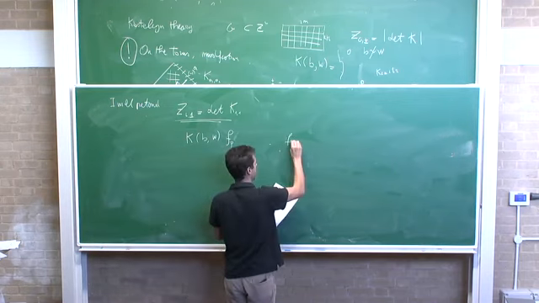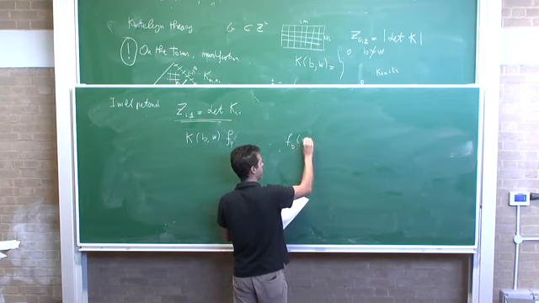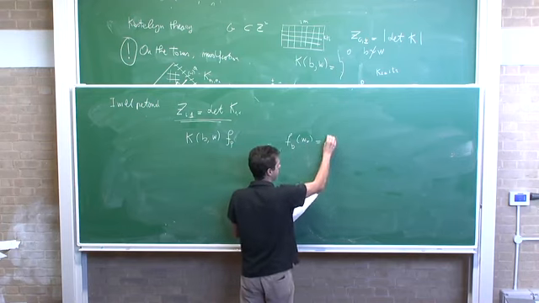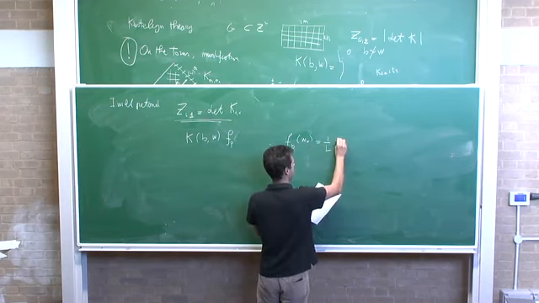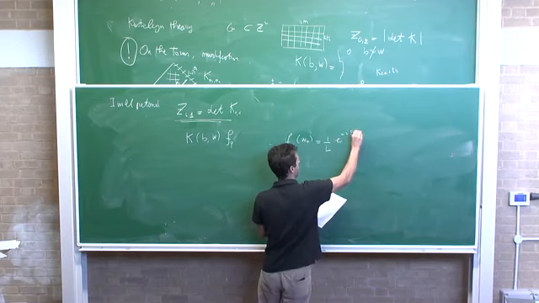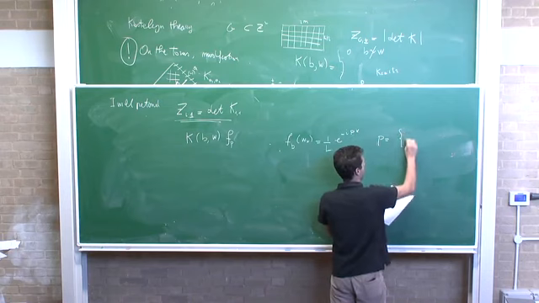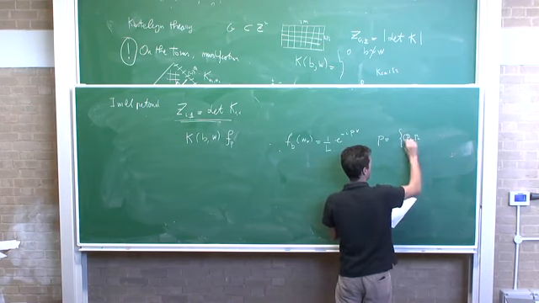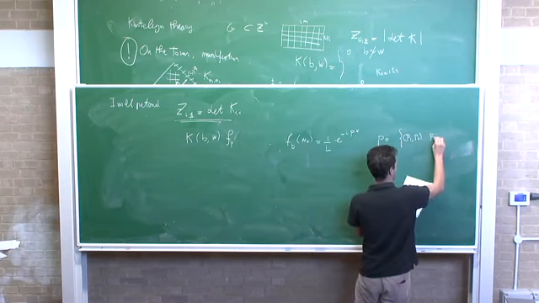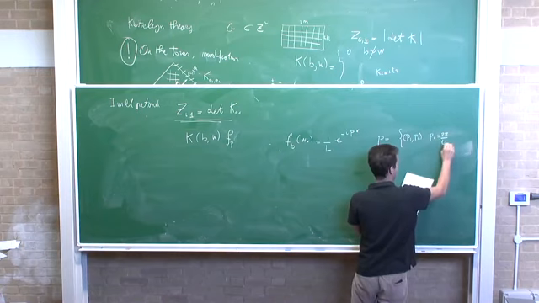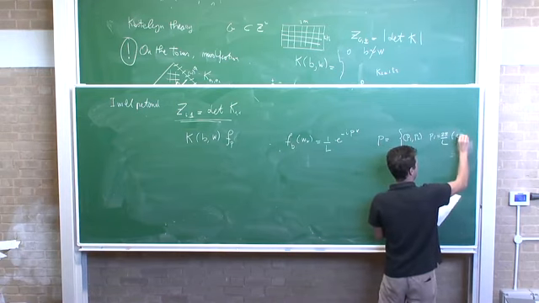What is that? f_p computed at the white vertex of coordinate x is just the plane wave, 1 over L times e to the minus i p comma x, and I take a momentum p of the form p1, p2, where each p_i is 2 pi over L times an integer plus one half.